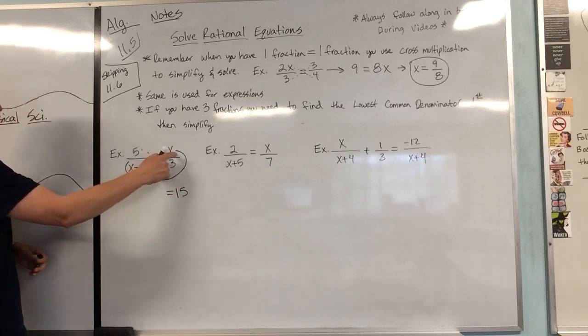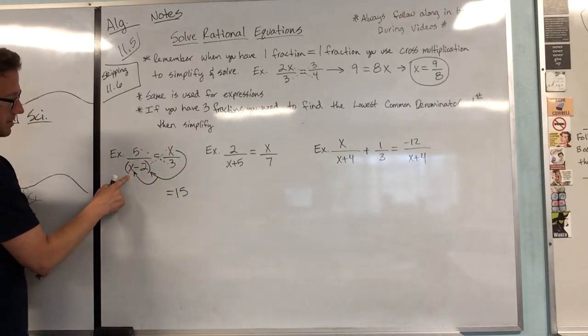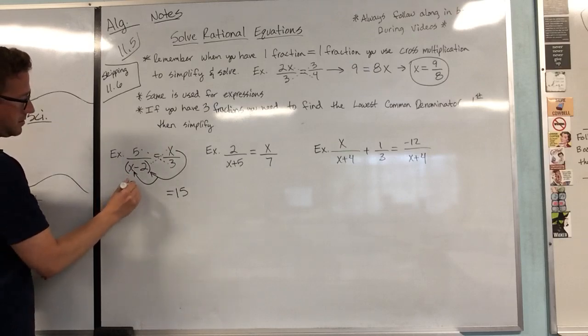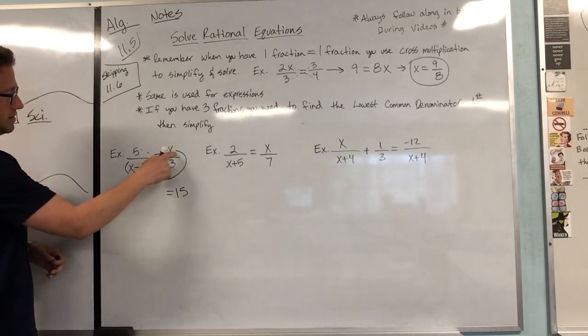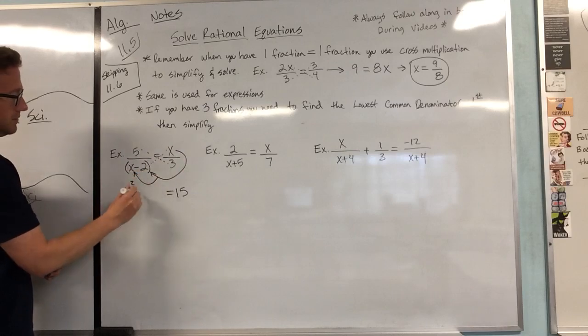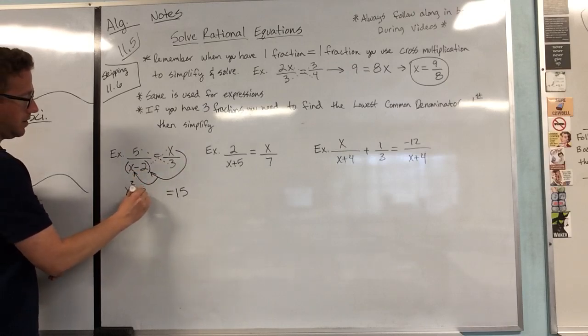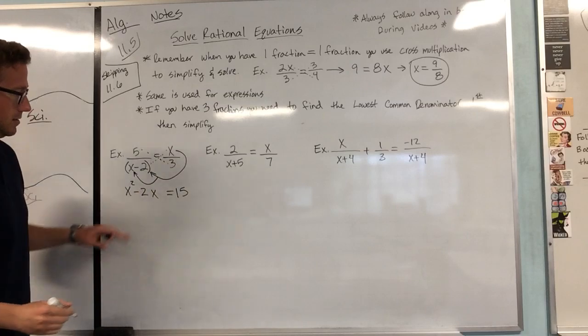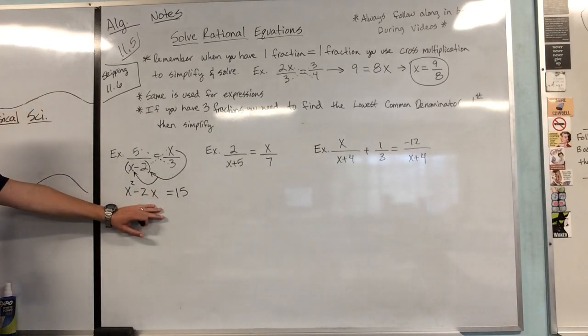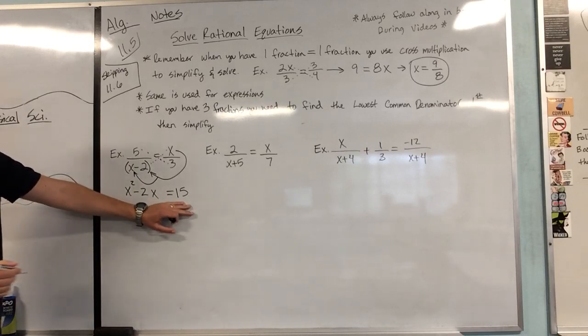So that means this x is going to be multiplied by this x, giving you x squared. And then this x is multiplied by that negative 2, giving you a negative 2x.